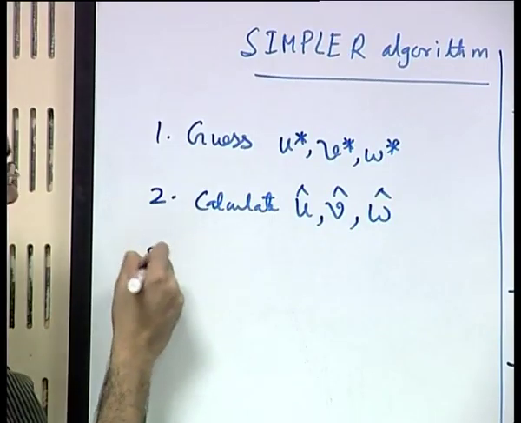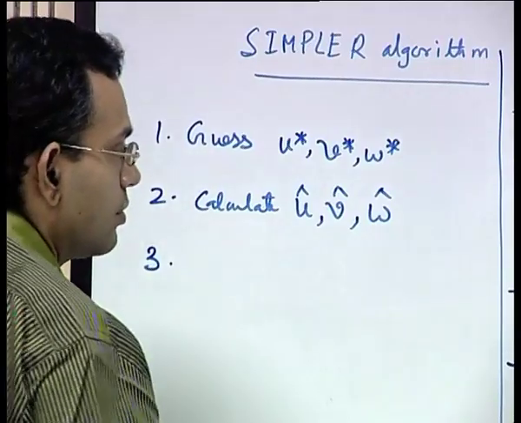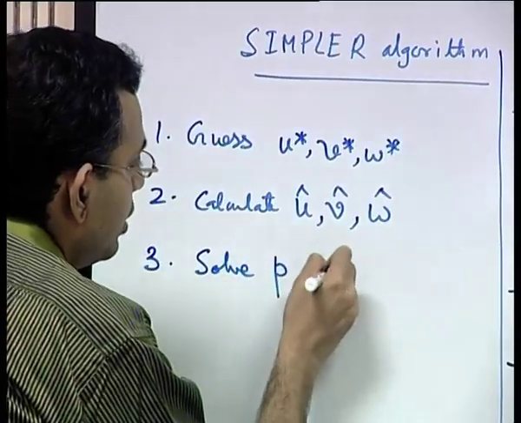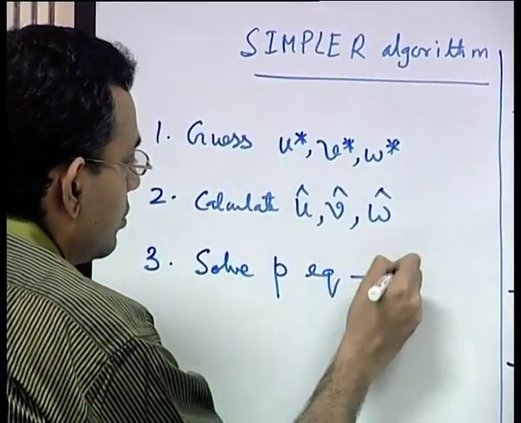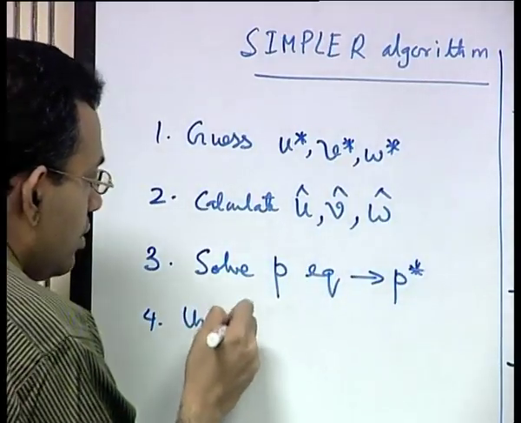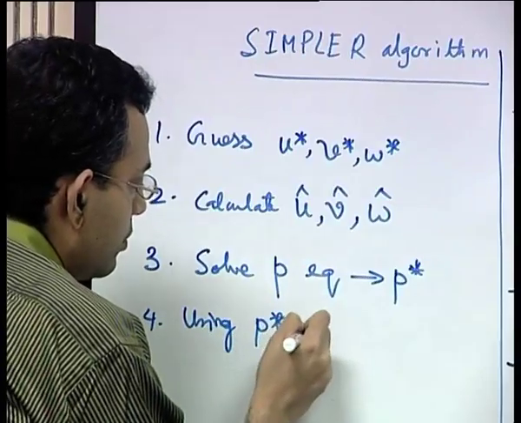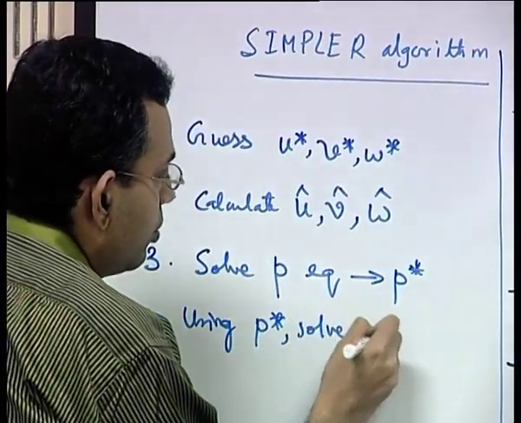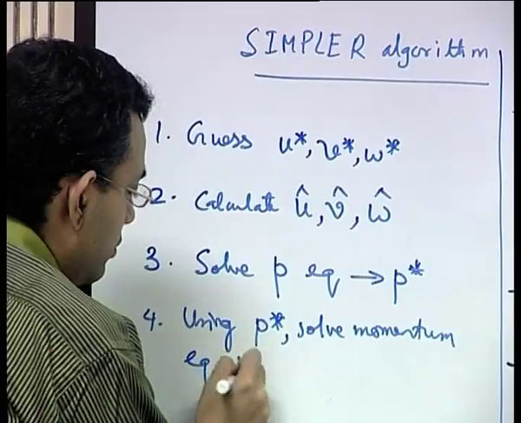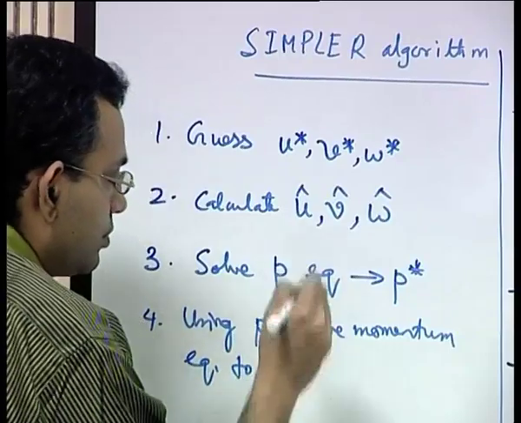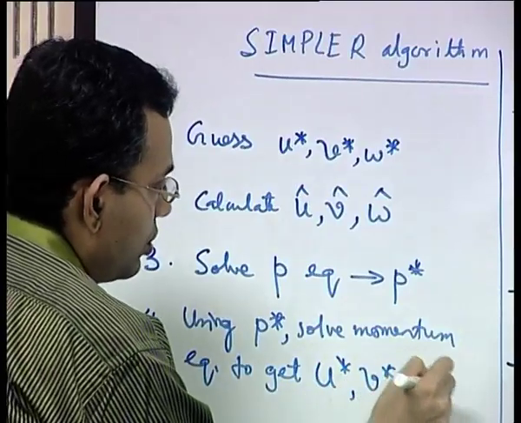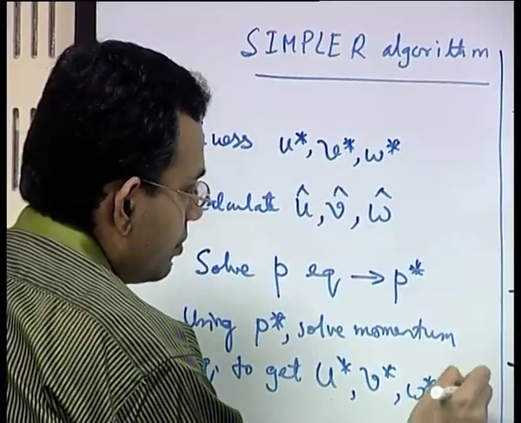Then solve pressure equation, you get P star, then using P star solve momentum equation to get U star, V star, W star updated.